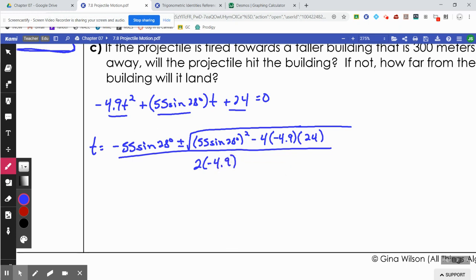Again, not the cleanest looking formula, but you can type the whole thing into your calculator. The time it's going to take this to land is going to be negative 0.81 or 6.08.